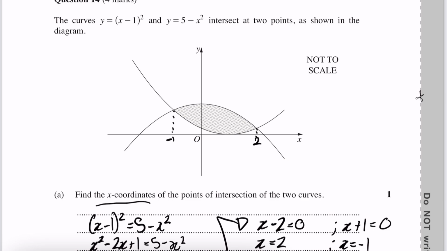Essentially, in red now, if we do a top minus bottom, the top graph is this one here, which is 5 minus x squared. And we're finding this area highlighted in red there. And then when we subtract the other graph, the bottom graph, which I'm going to represent in blue, that's y equals x minus 1 squared.